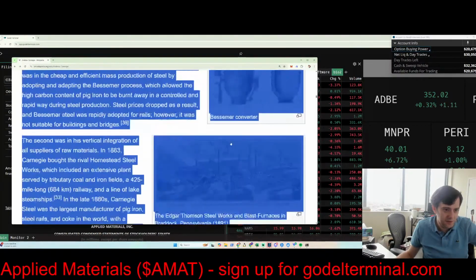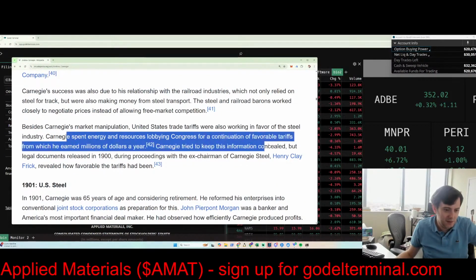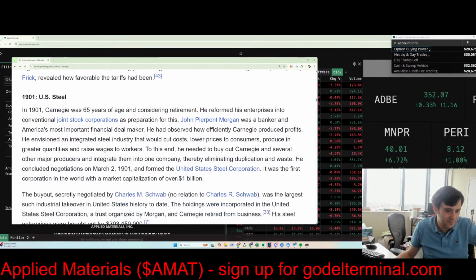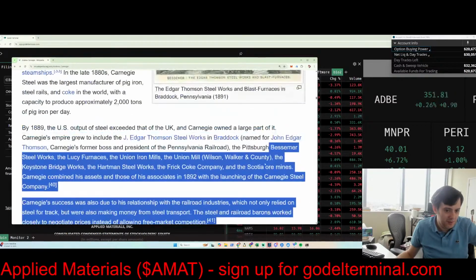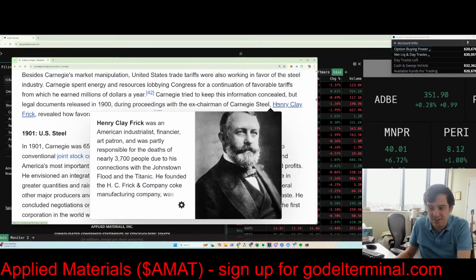He had to deal with tariffs. He lobbied for tariffs. He had beef with his coworker Henry Clay Frick. Frick was another figure of this industrialist era.